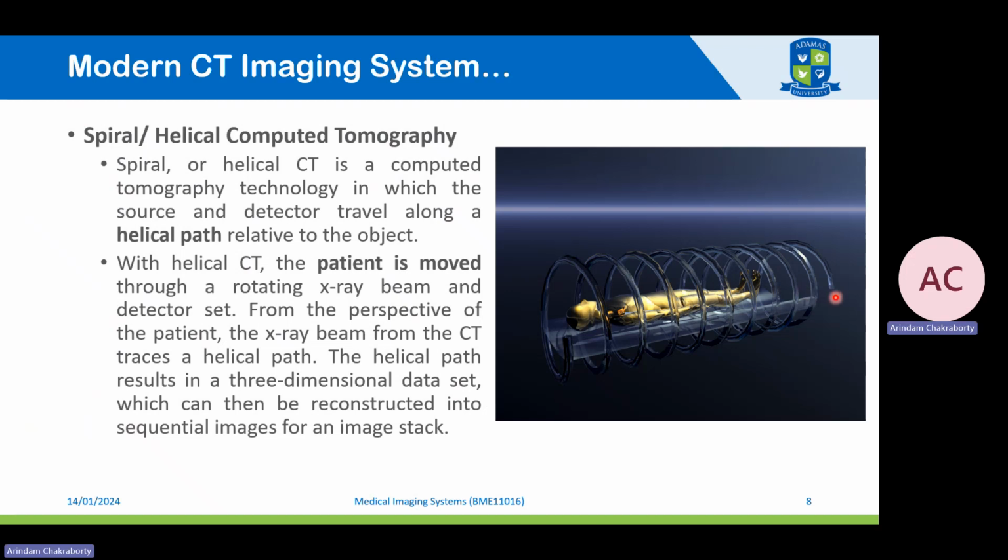Here, not only the X-ray source and the detector are being moved, the patient lying in the bed is also being moved, which is perpendicular to the movement of the X-ray source and the beam. Therefore, the X-ray beam follows a helical path, which results in a three-dimensional data set.